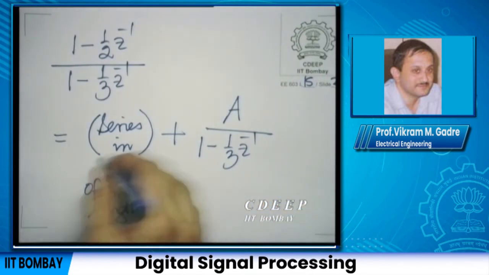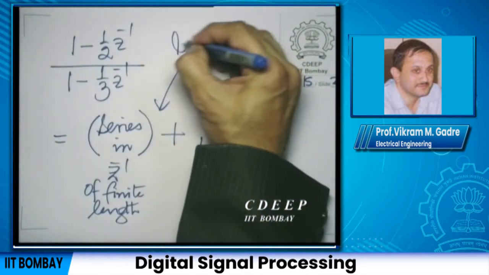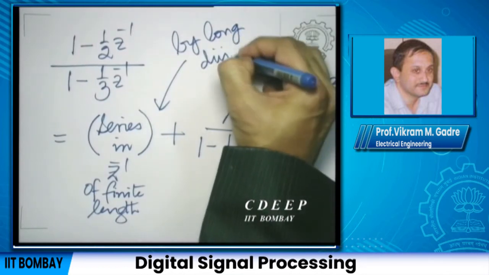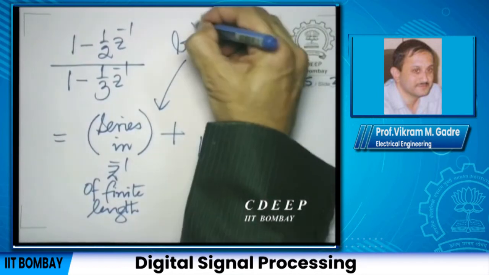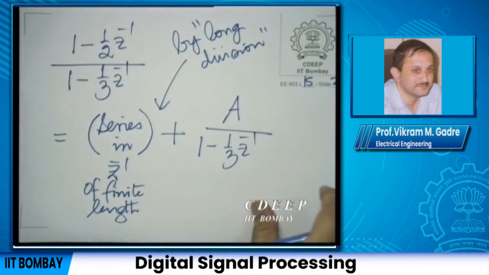And we can obtain this series by a process of long division here. What do you mean by long division? Let us illustrate it.